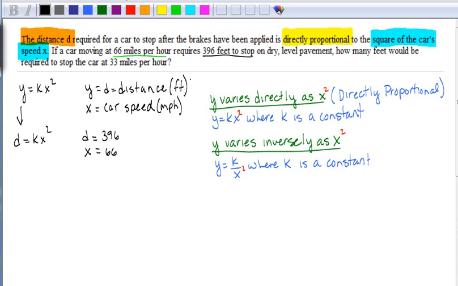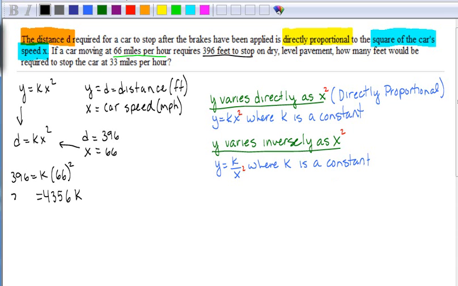Okay, so now using that we can find the k. I can plug in 396 for d. We do not know what k is. Plugging these values in, we get 66 squared. If you use your calculator, that is 4356.